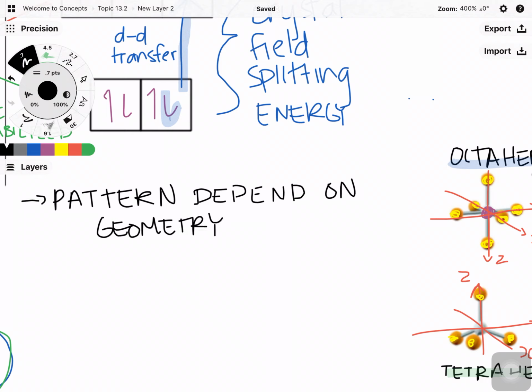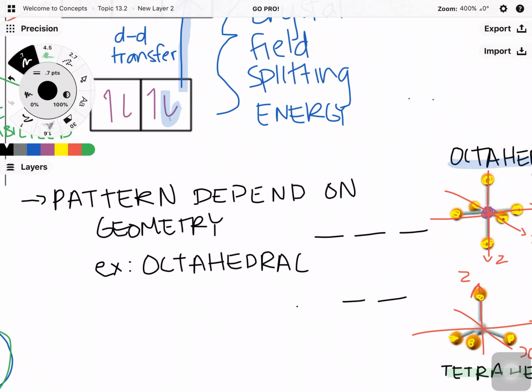Okay, so for example, in my octahedral bonding, when my ligands bond at 90 degrees to each other around my metal ion, we get 3 d orbitals that become much higher energy, the ones that are along the x, y, and z axis, and 2 d orbitals that are lower energy, the ones that are not along the x, y, z axis.